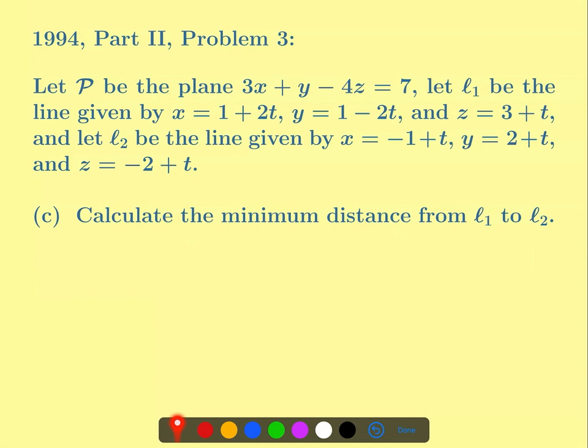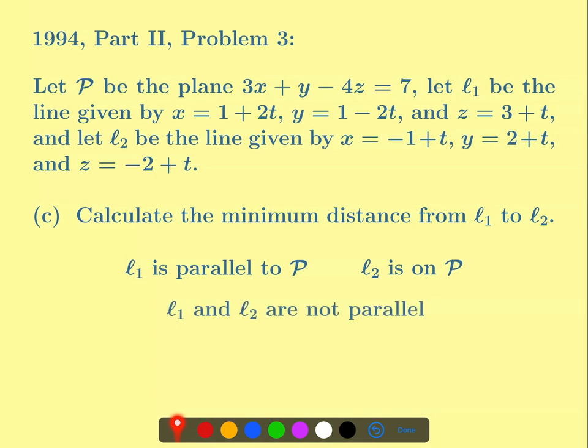Well, we can look and see if they're parallel. Let's see. For this line, the vector going in the direction of the line is 2, minus 2, 1. And for this line, the vector going in the direction is 1, 1, 1. So those vectors are not parallel. These 2 lines will not be parallel, so they're skew because they don't intersect as well. And so one is over the other one.